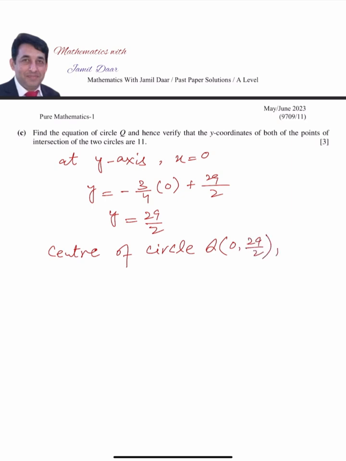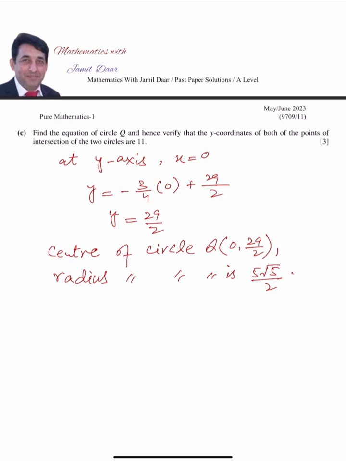And also the radius of circle Q is 5 square root of 5 over 2.